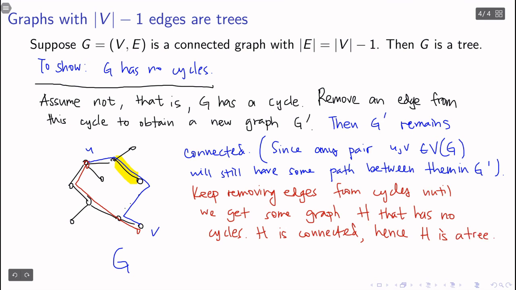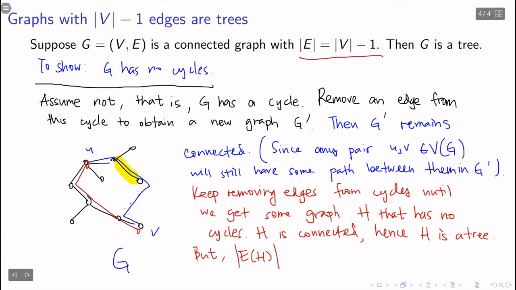So we started with G. Since it had a cycle, we were able to keep removing edges from G and destroy all those cycles, so that we end up with H, which is connected and has no cycles. So H is a tree. But how many edges does H have? Okay, this is where this comes in.